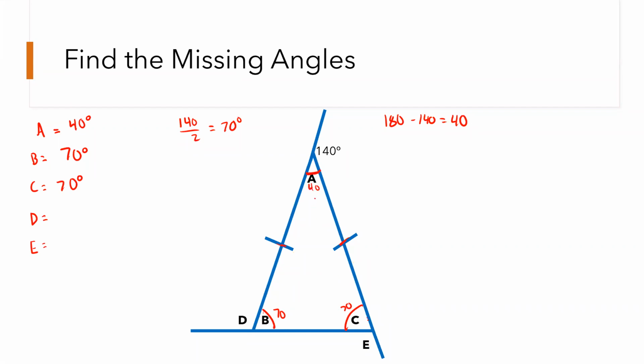So for E, we could add up the measures of A and B, so 40 plus 70, which equals 110. Or for D, we can just say this is supplementary to B, which is 70, so D equals 180 minus 70, which is also 110. So that is, once again, how you solve for all of those.